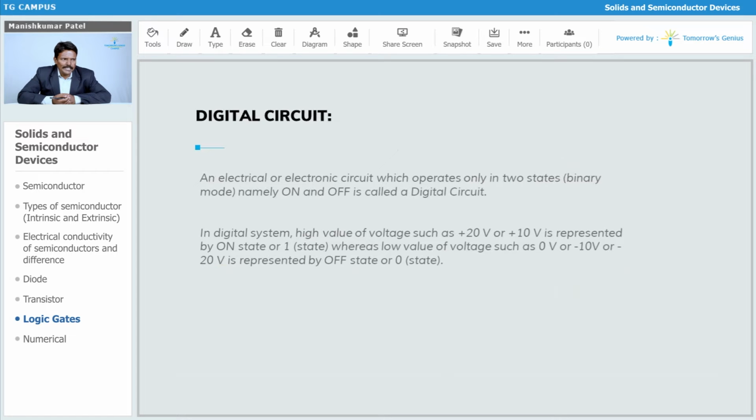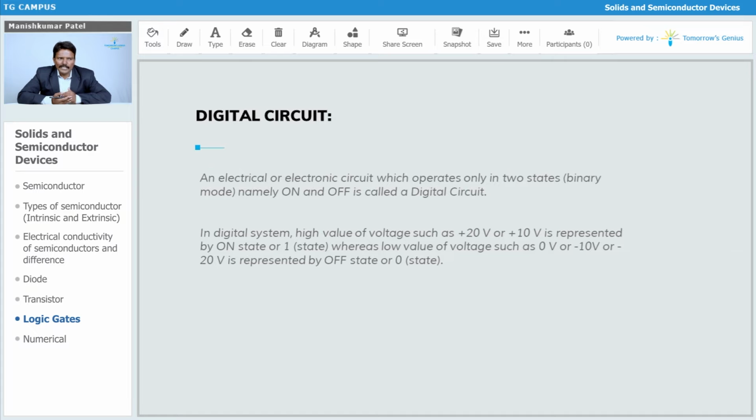This digital circuit is an electronic switch which operates in two states, either on or off, as we have just discussed. The on state is represented by one voltage level and the off state by another voltage level.